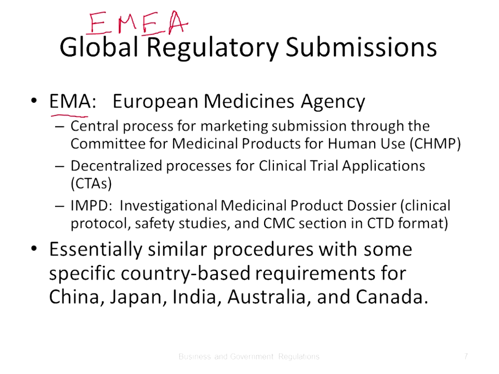That was the former title. Now we just call it EMA, or European Medicines Agency. So that is the overarching agency in Europe which oversees the centralized process for marketing submissions. Now, if you remember from last week, the centralized process is required for all biotech products, right? Required for all biotech products.